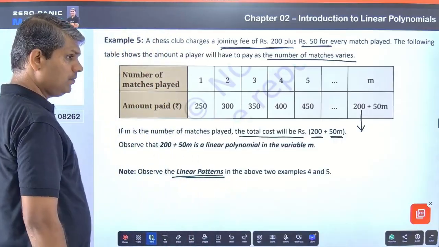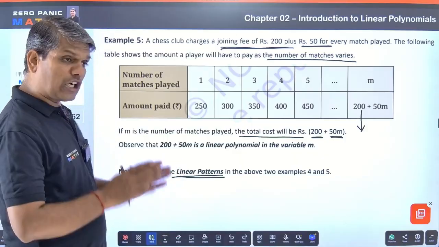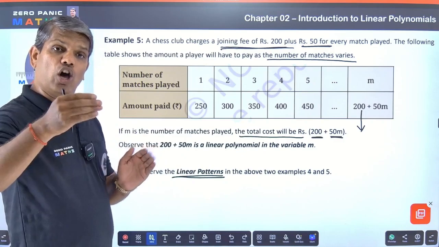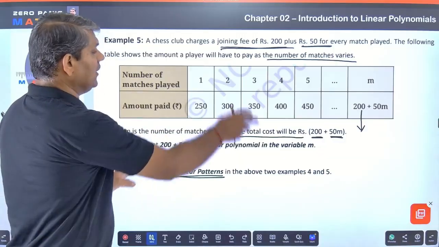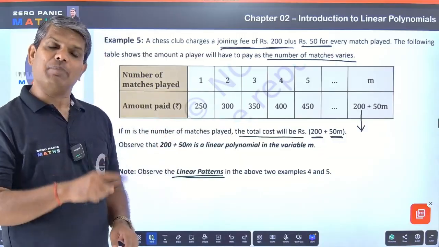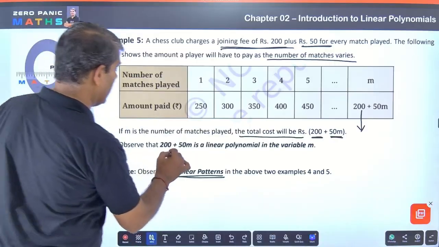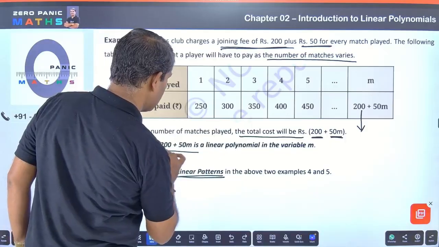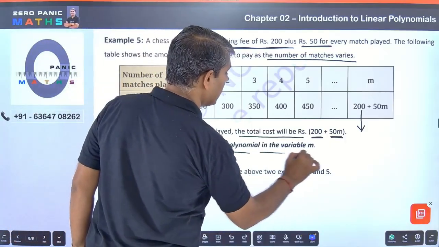A linear pattern is either a constant increase or a constant decrease in the value of a total expression depending on the variable. That's why we call 200 plus 50m a linear polynomial in variable m.